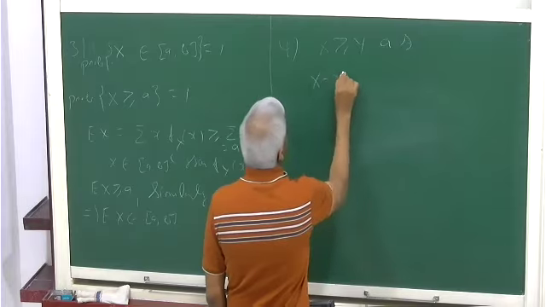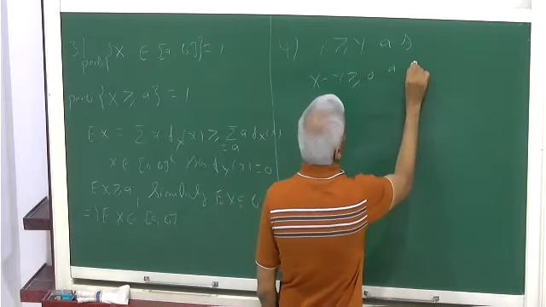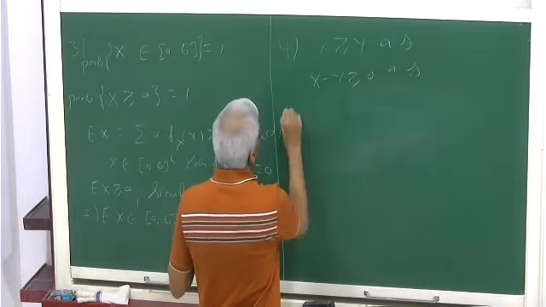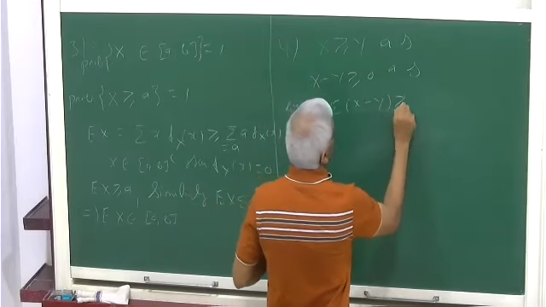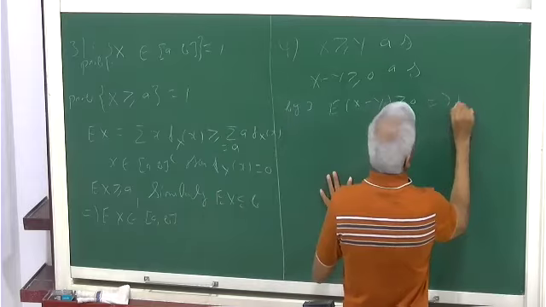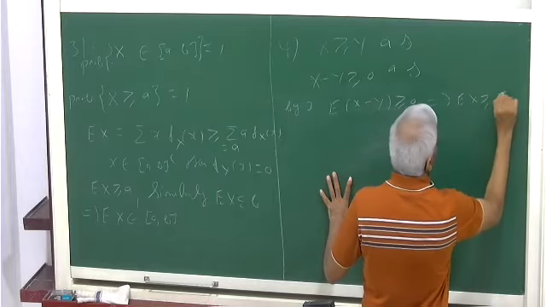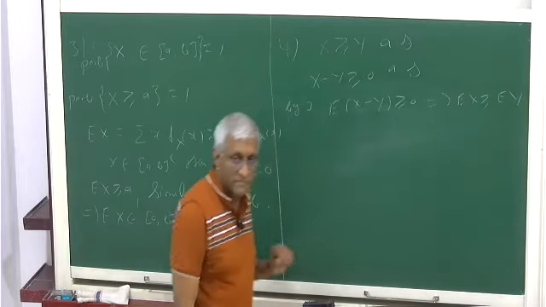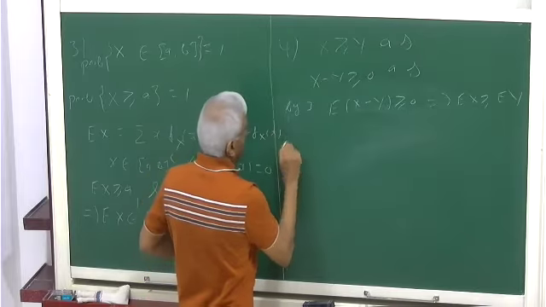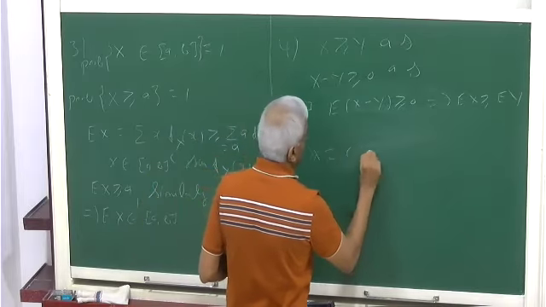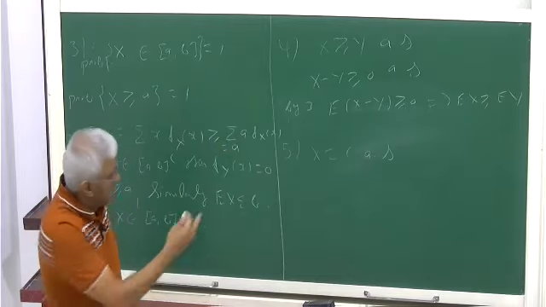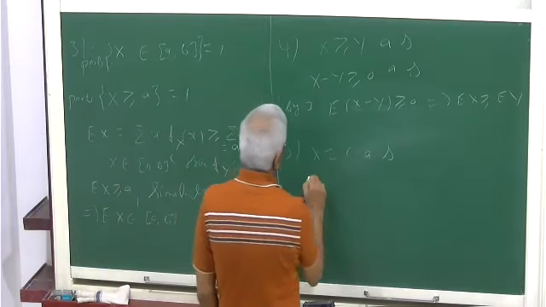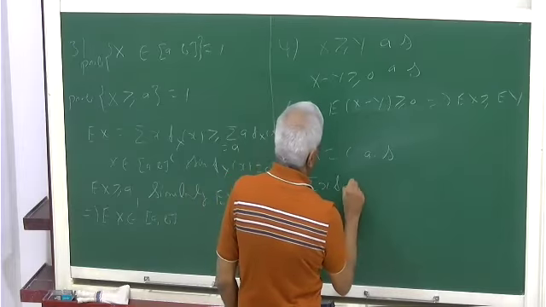So X is greater than Y almost surely. Then X minus Y is greater than or equal to 0 almost surely. But by this condition, by 3, E of X minus Y is also greater than or equal to 0. So this implies E of X is greater than or equal to E of Y. So the fifth one is very clear. If X equals c almost surely, with probability 1, then you just take the summation of x f_X(x).